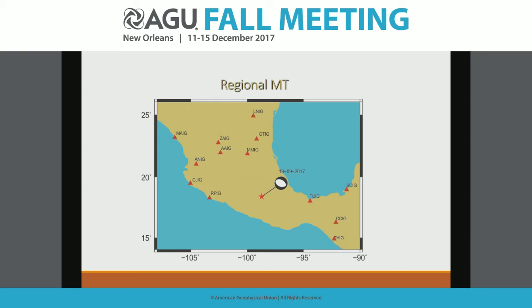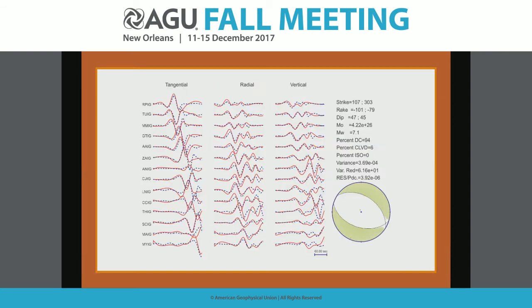We computed the regional moment tensor solution using the Dreger approximation, and we used data from these regional stations. These stations are part of the Mexican Seismological Service from the Institute of Geophysics of UNAM.